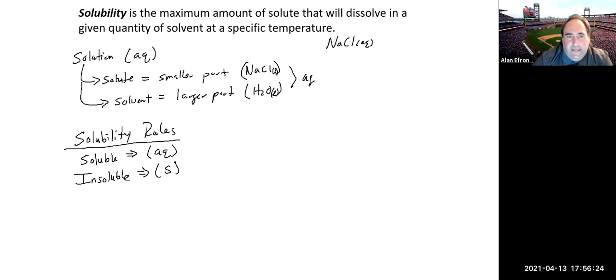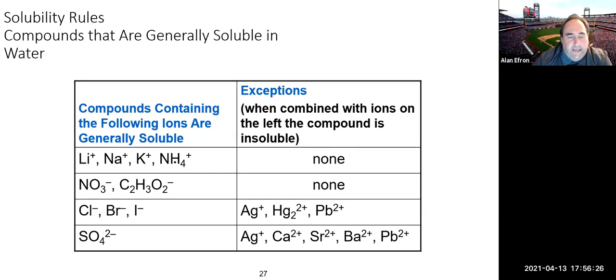So let's take a look at some of these solubility rules. These are compounds that are typically soluble in water, which typically means they will be aqueous. If we look at something like lithium, sodium, potassium, or ammonium, basically group 1 is these, right?